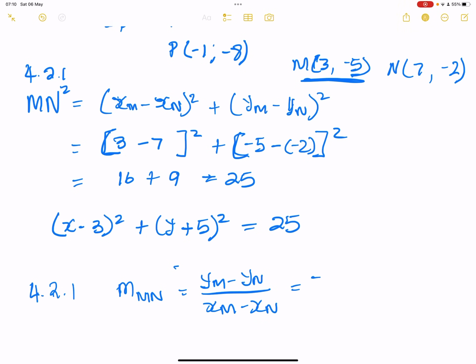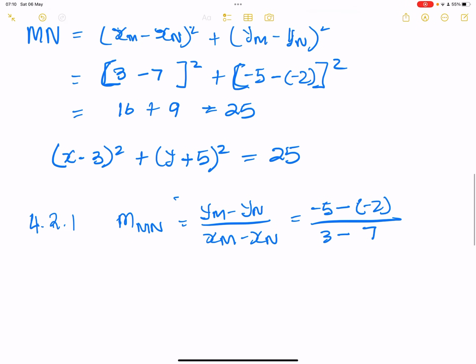So that's negative 5 minus a negative 2, divided by xM is 3, and we subtract that 7 there. So minus 5 plus 2 will give us negative 3, and 3 minus 7 will give us negative 4. So I get a gradient of 3 over 4.